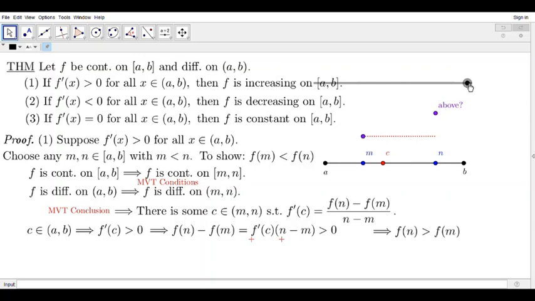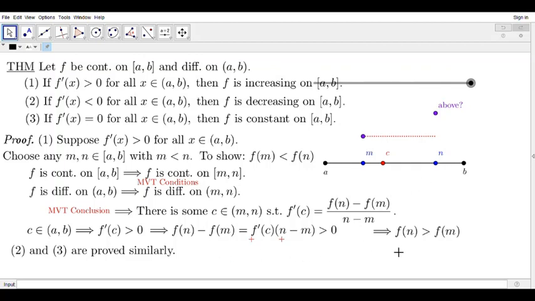What about the proof of statement number 2 and also 3, which are proved similarly? The difference would be in statement number 2, f prime of c would be negative. And if f prime of c is negative, making this first factor negative, then the product would be negative because n minus m is still positive, with n coming much later than m.